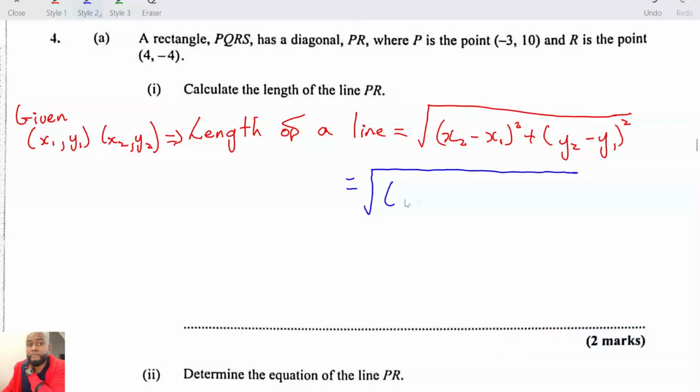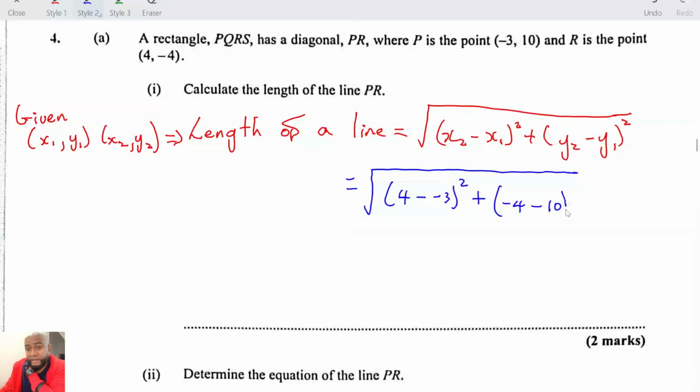What is x2? No, x2 is 4. 4 minus what is x1? -3. Squared plus what is y2? Y2 would be -4 minus what is y1?